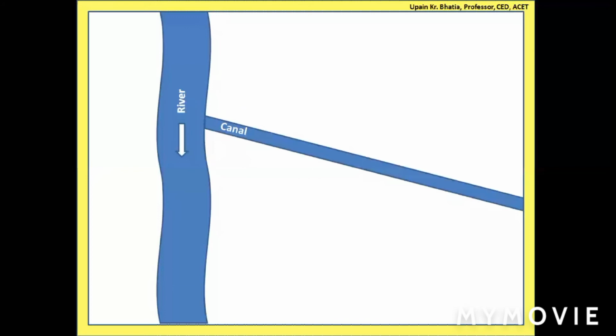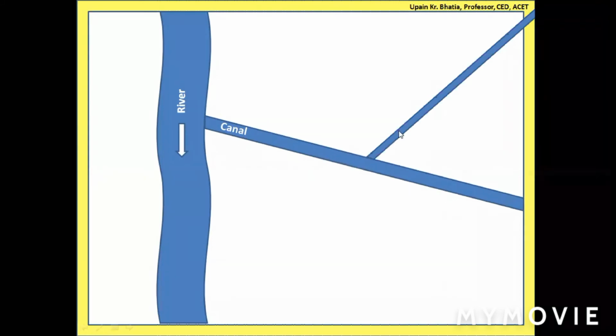But once we have taken the water from the river and diverted it to a canal, thereafter the single canal cannot go everywhere. We need to divert the water from canal to canal also. Okay, so we need to divert the water from this canal to this canal. Now further we can have some diversion from this canal to the next canal.